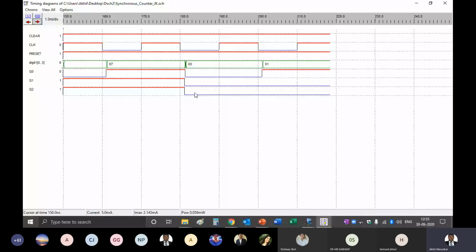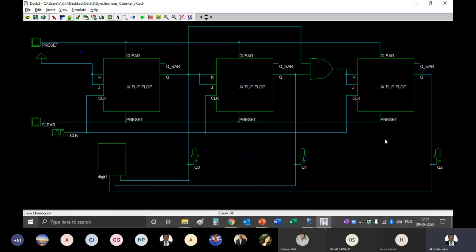Okay, copy this diagram. So this is the next thing that you have to draw. This is our step number 5, that is the diagram of the implementation.